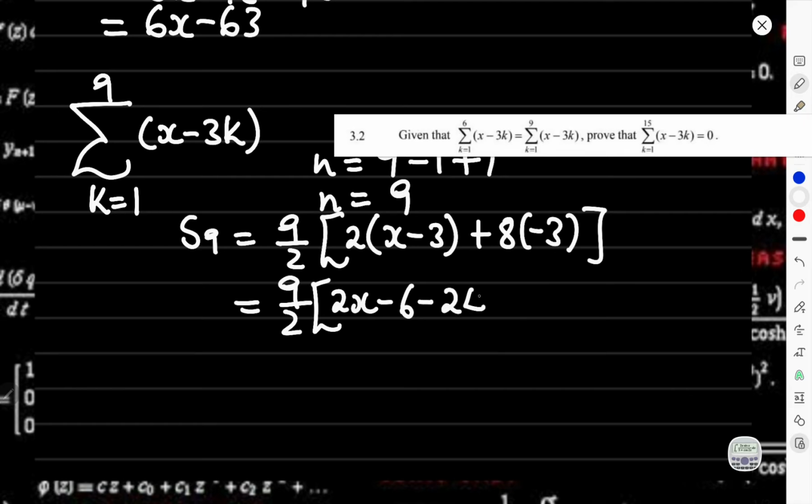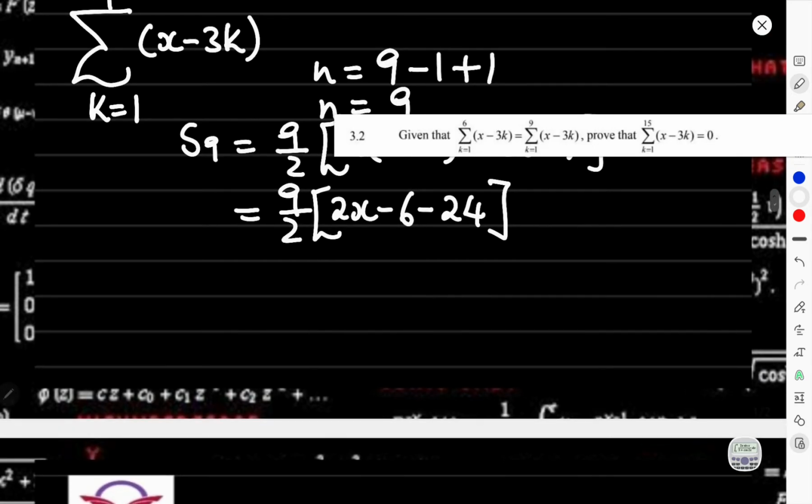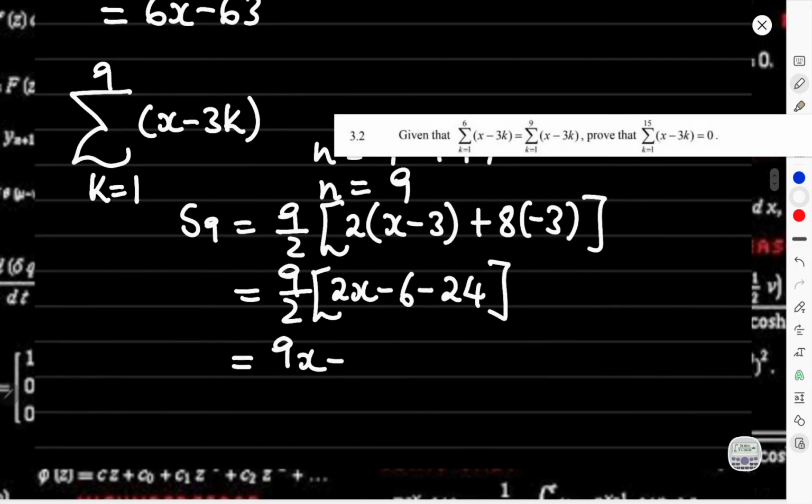We multiply 9 over 2 in, and we have 9x minus 27, because 9 over 2 times 6 is 27.